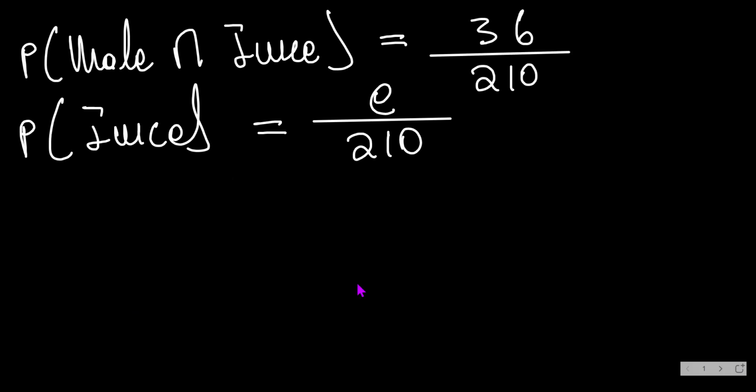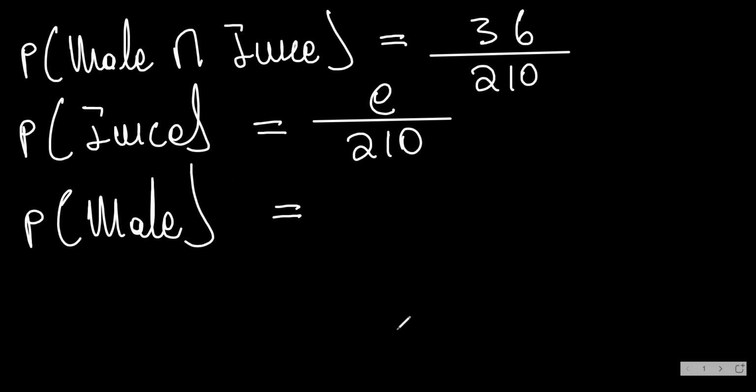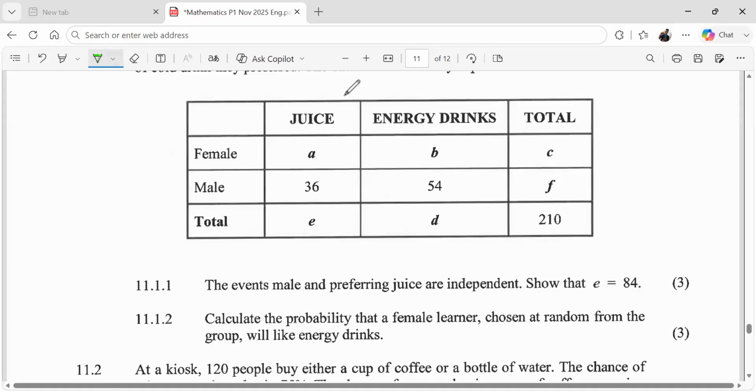We also need to state the probability of a learner being a male. How many males do we have in total? We can actually find it. It's going to be 54 plus 36. That will be the probability that a learner is male.